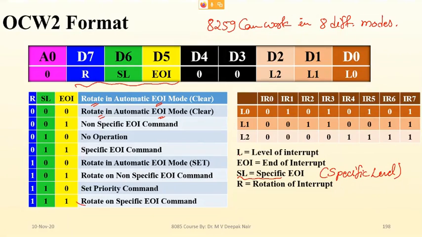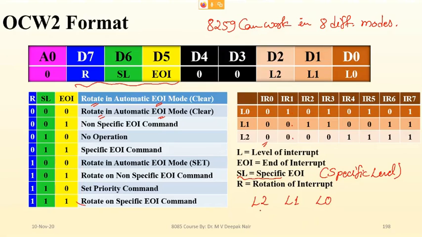L tells you the level of interrupt. For example, 000 is IR0, level 0. And IR1 is 001. You can check it like this: L2, L1, L0.